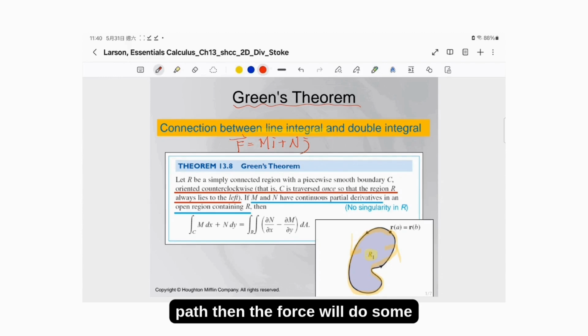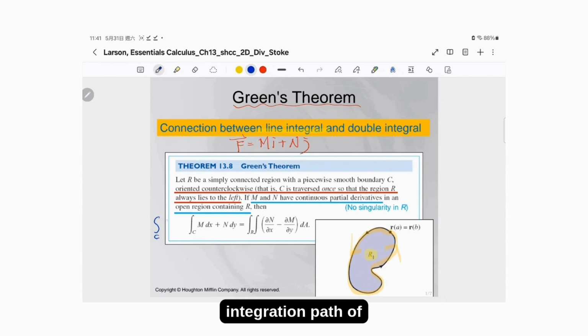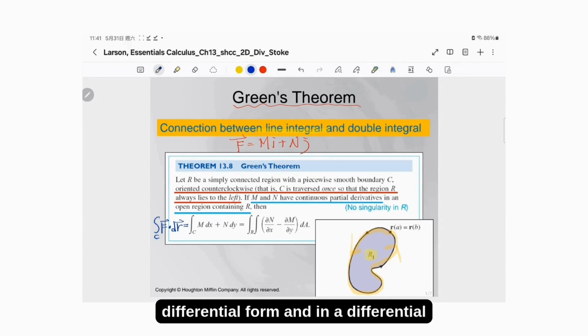Then the force will do some kind of work, and the work can be denoted by the line integral over the integration path of the force field dot the displacement vector dr, and it is equivalent to its differential form.